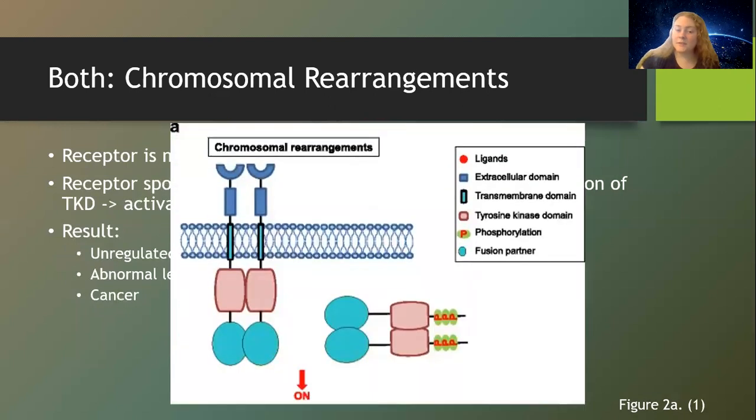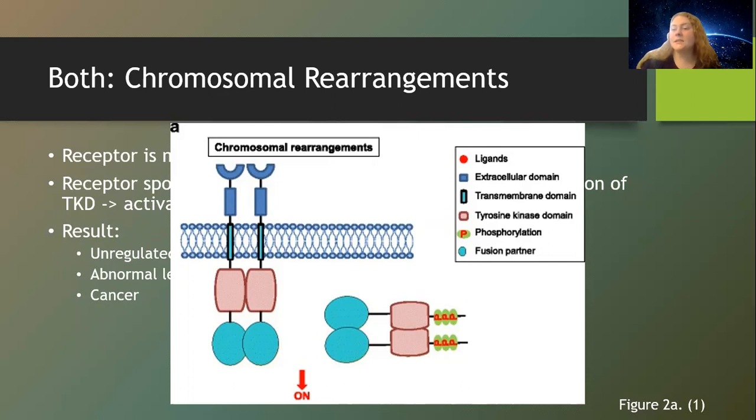And when that gene is broken, a section of it might get deleted out. For example, in this figure, they're showing that the transmembrane domain of that gene was removed. Since the transmembrane domain was removed, it can no longer bind to the membrane. And since it can no longer bind to the membrane, when they start making these receptors, all they're making is the tyrosine kinase domain, and then they're basically allowing it to be released into the cytoplasm.